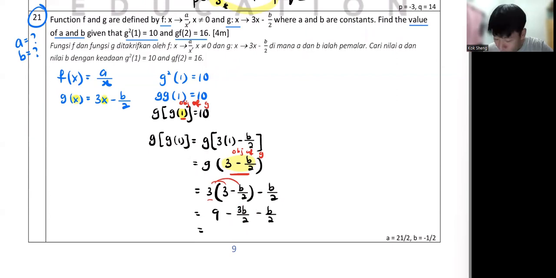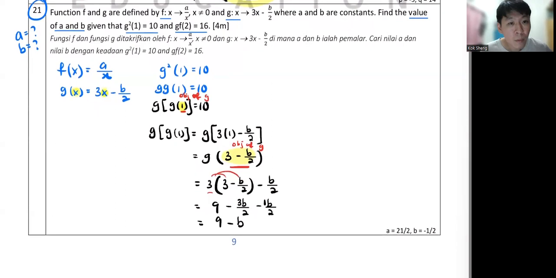Negative 3 over 2 minus 1 over 2. This is 1b. So we can just press calculator. Negative 3 over 2 minus 1 over 2, negative 1. Negative 1b. So 9 minus b, that is your GG1.